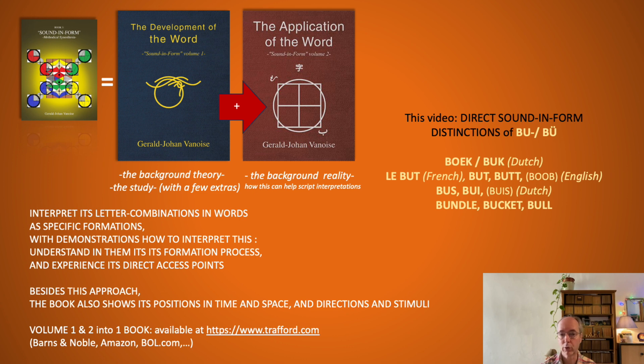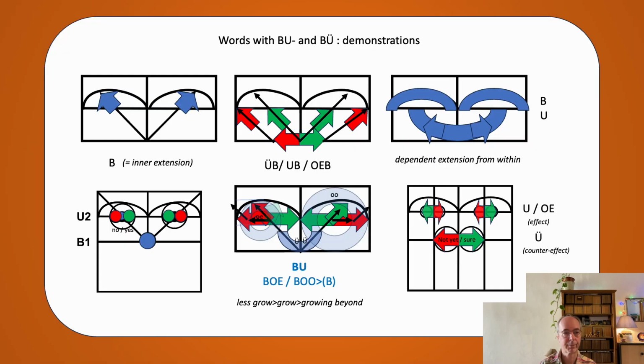I will take BOEK, BUK, and BUT, so the three words with BU pronounced differently. I also have bus, bui, and buis, just slightly as well. Bundle, bucket, and bull. Let's go.